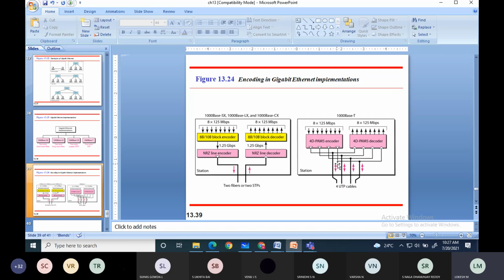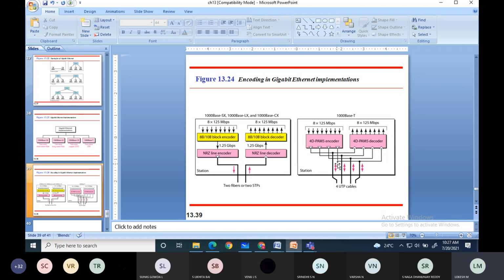After performing the same technique at the other station, which again sends the encoded data, and once it is received at this particular station, the decoder method, the 4D-PAM5 method, is performed. The extra 25 Mbps is removed, and the 8 lines of 125 Mbps are extracted, which recovers the original data.